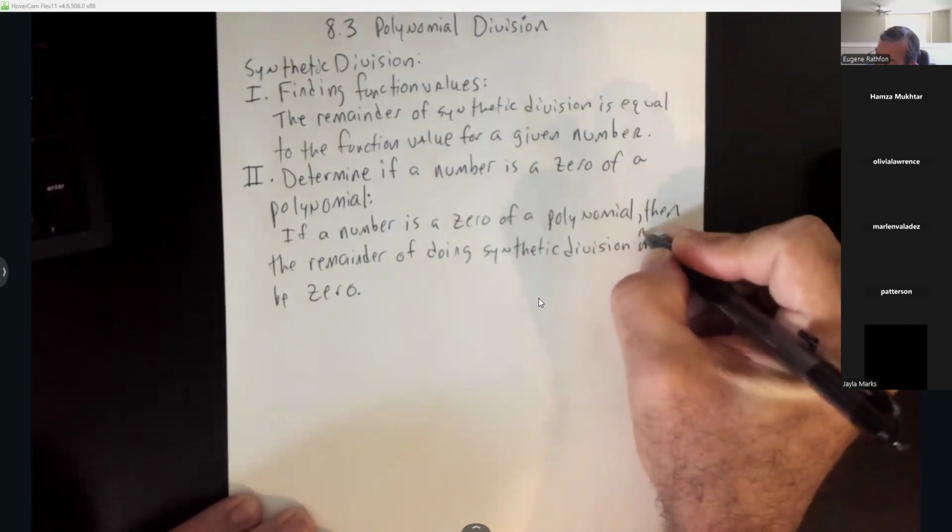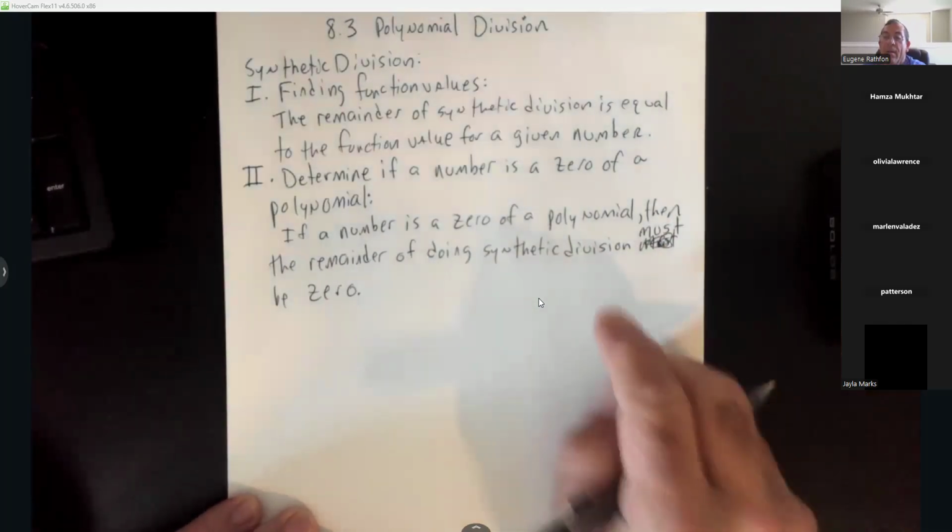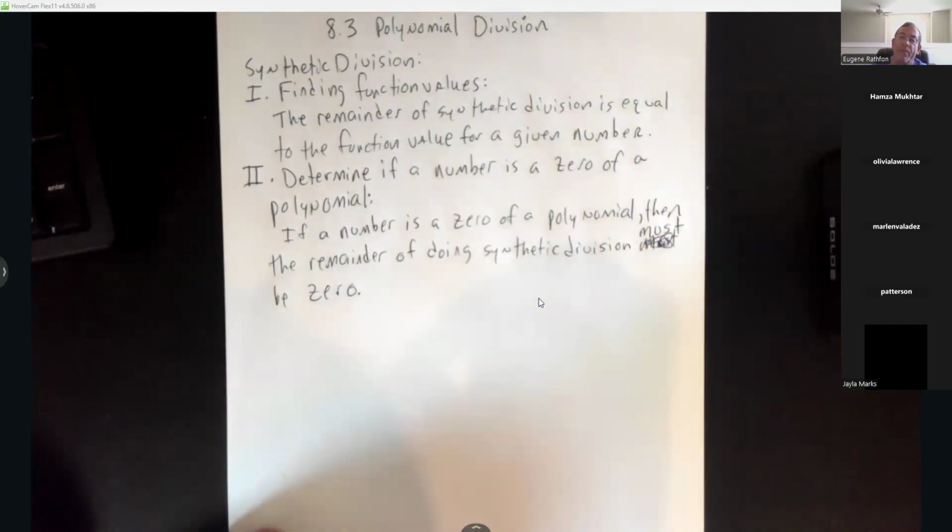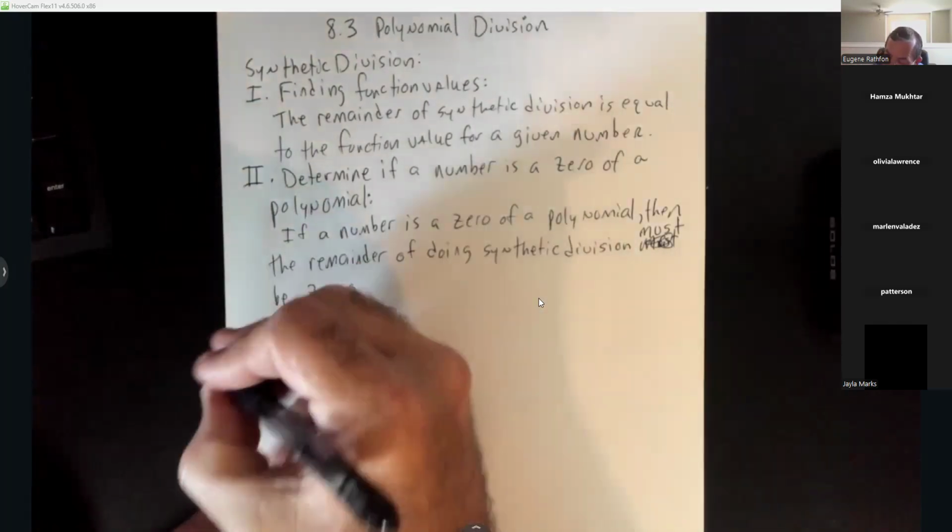Okay, so let me write that better. So it must be zero. So if I check a number and I get any number other than zero as the remainder, then it's not a zero of that polynomial, okay? It has to have a remainder of zero to be a zero.